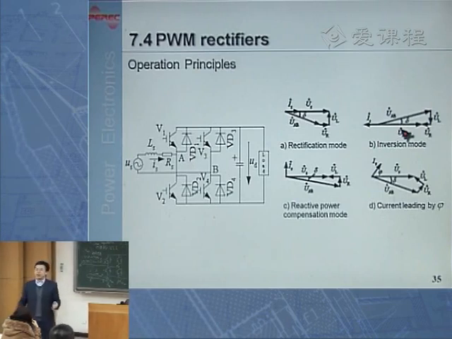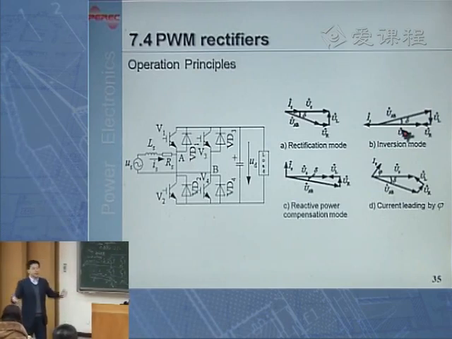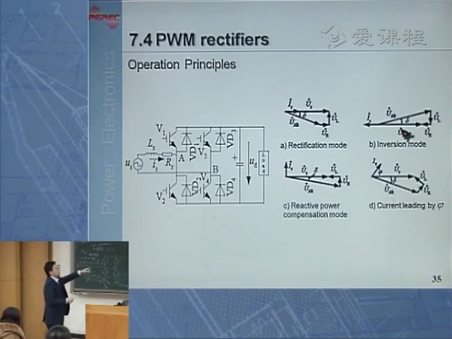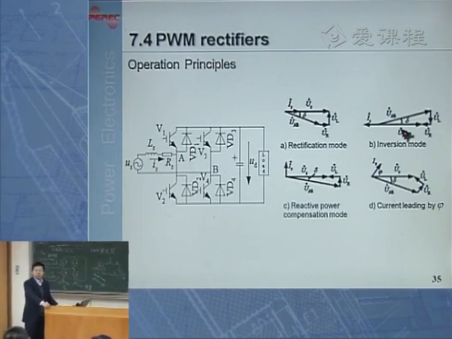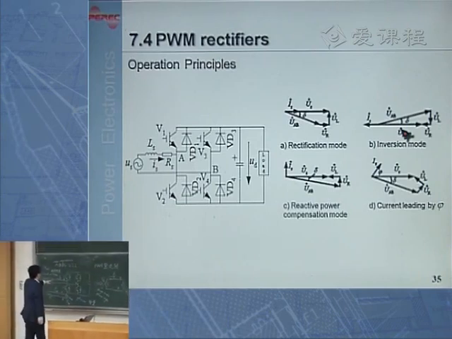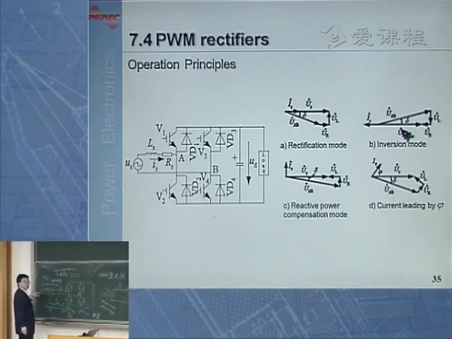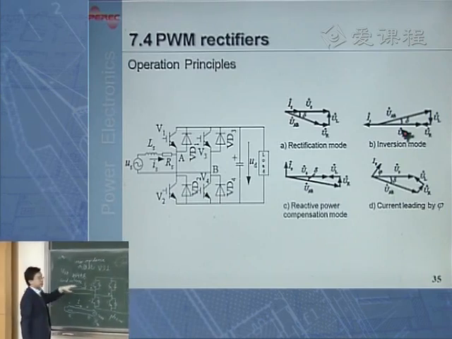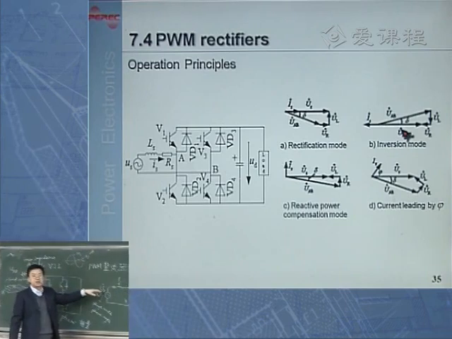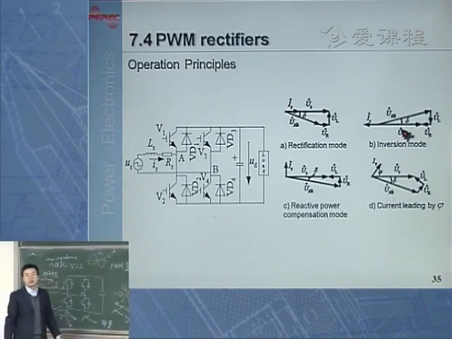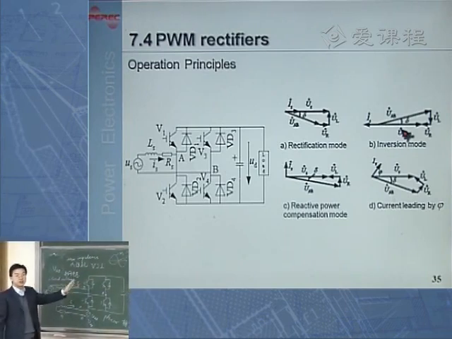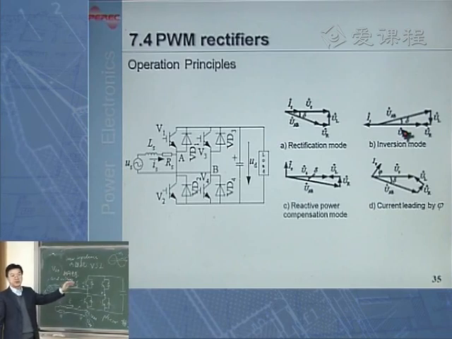Okay. So very naturally, you can also think about other cases. We may not control this current exactly in phase with the grid voltage or exactly in reverse phase to the source grid voltage. We can control this current with any phase angle.